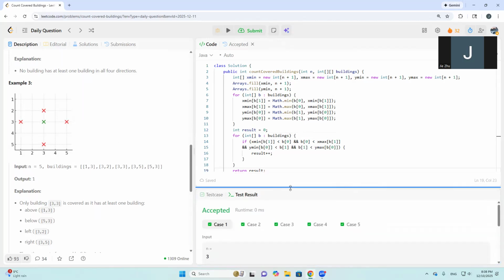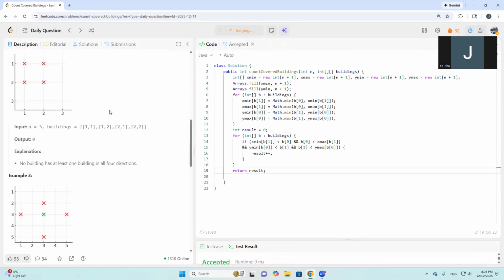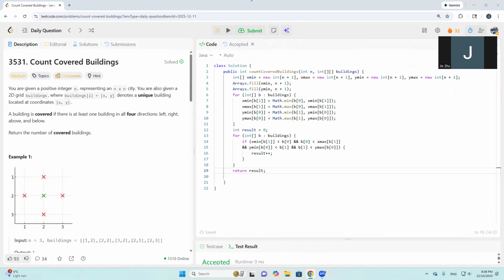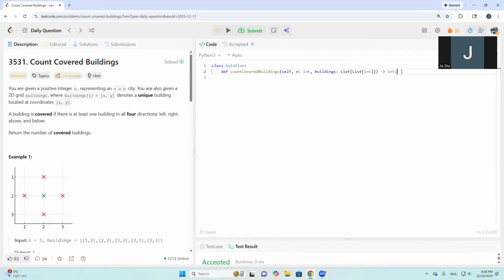It will be O(n) time complexity with O(n) space complexity. And let's also write the Python code for this. We have x min, x max, y min, y max. x min equals n plus 1 multiplied by n plus 1, and x max will be 0 multiplied by n plus 1.